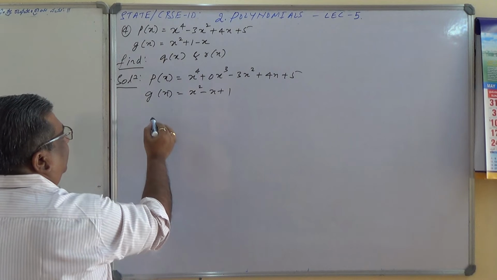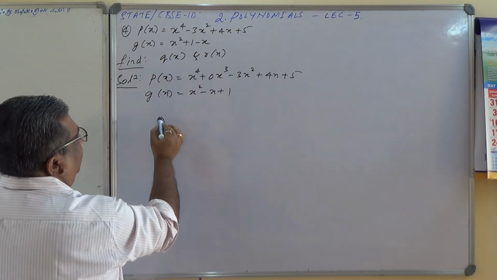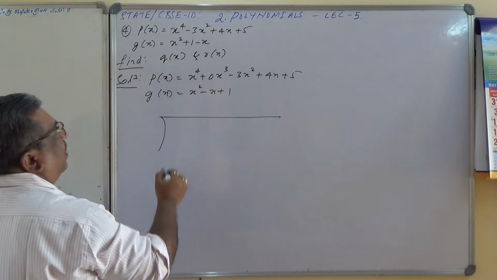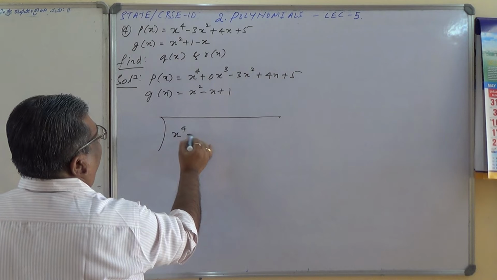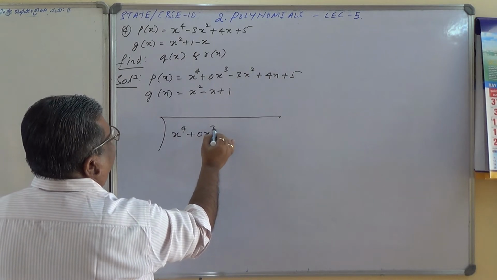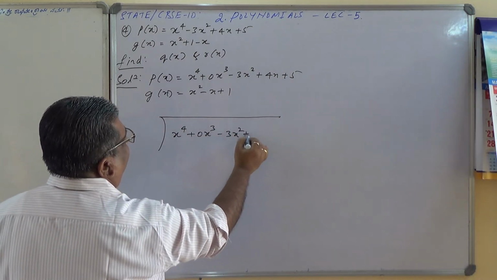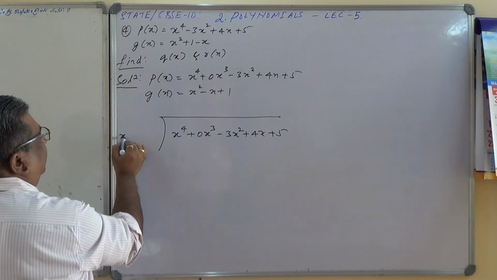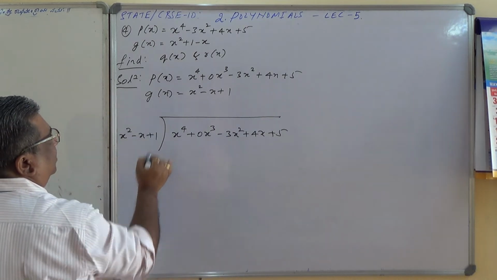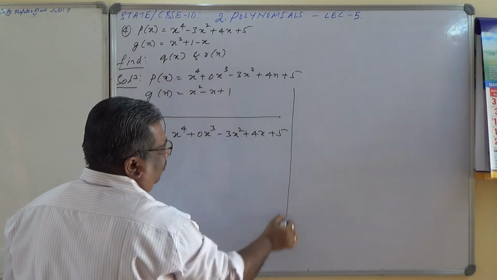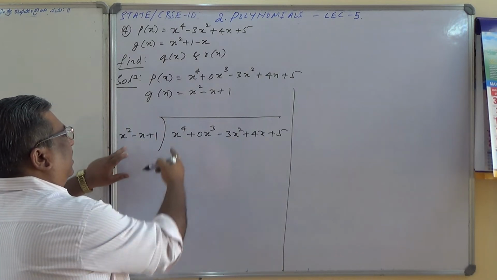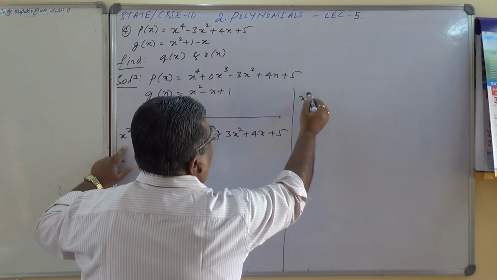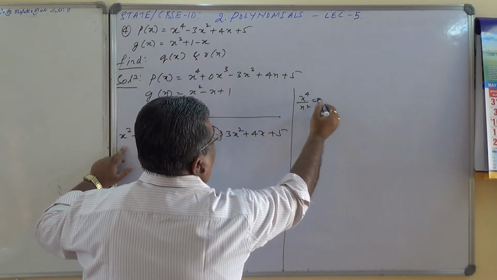So let us apply the division algorithm over here and see what we are going to get. This will be x to the power 4 plus 0 x cube minus 3x square plus 4x plus 5, and here it is x square minus x plus 1. Terms of the quotient I am working out separately. x to the power 4 divided by x square is x square.